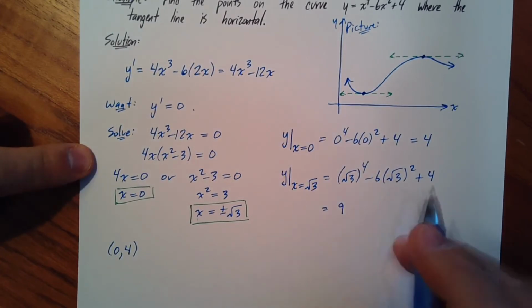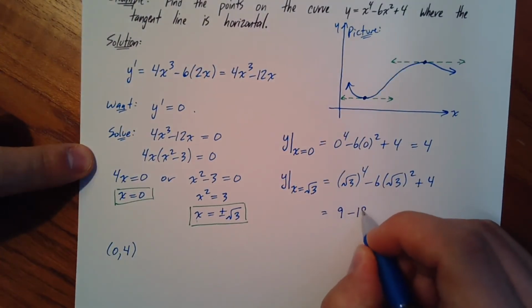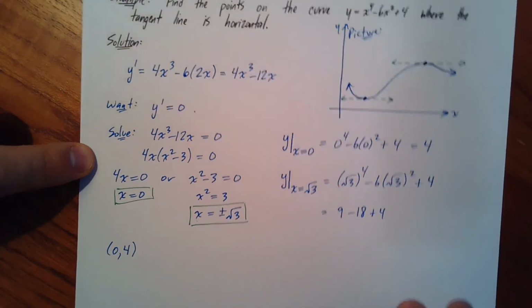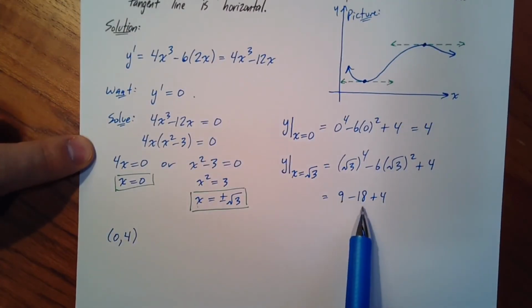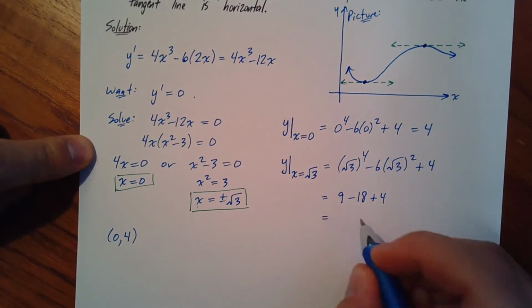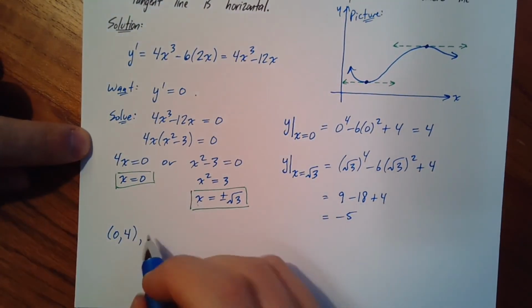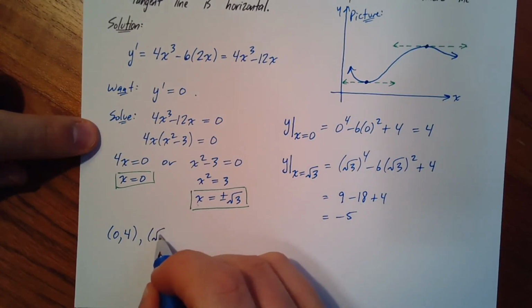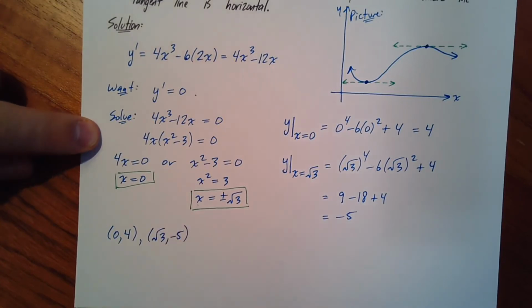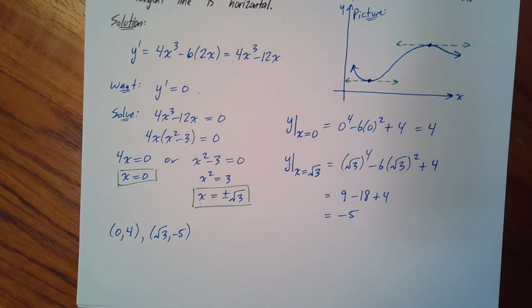So you've got 6 times 3, so that's going to be 9 minus 18 plus 4. So you actually have 9 minus 18 plus 4, that's going to be negative 5. Okay, so that means we got another point. Root 3, negative 5. That's another point where the tangent line is horizontal.